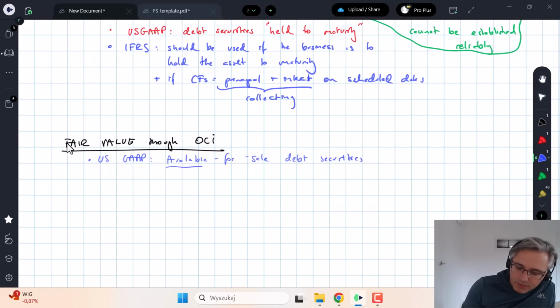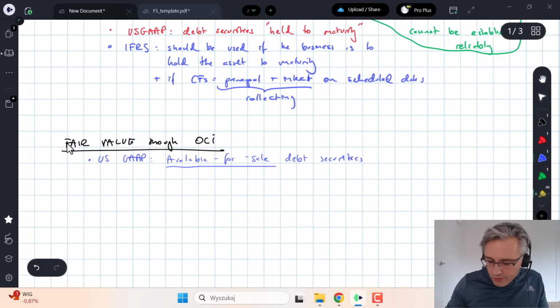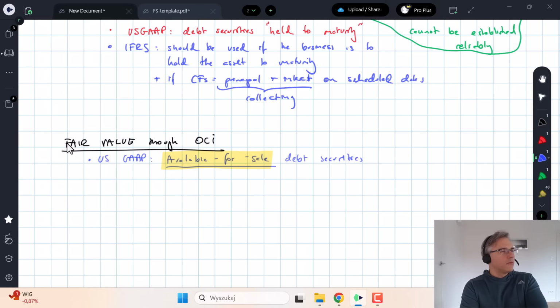Now, available for sale debt securities are instruments of a debt nature, of course, which you currently hold, but you can't really commit to holding them all the way until maturity. You might decide to sell them. You're not holding them for quick gains, so they're not part of your trading portfolio, but you're unable to commit to hold them to maturity. This is when you would apply this approach.